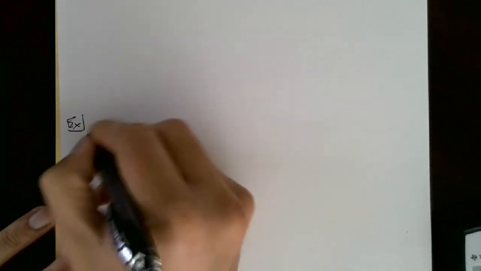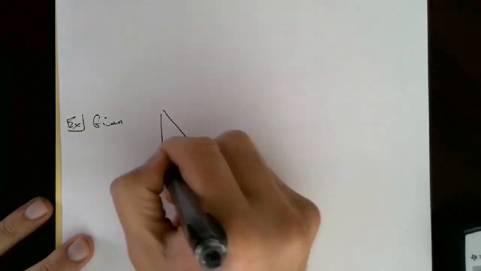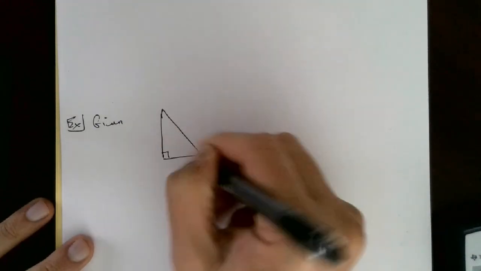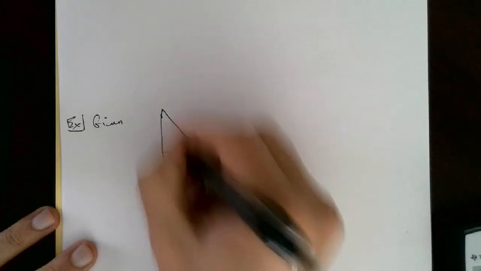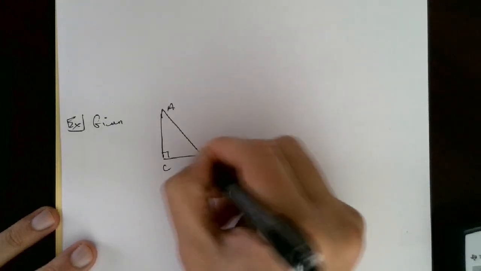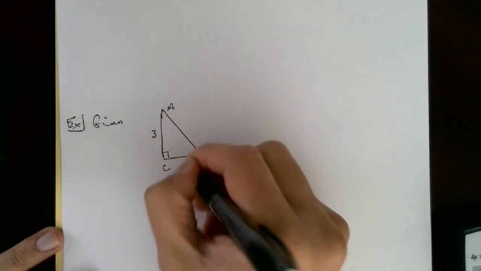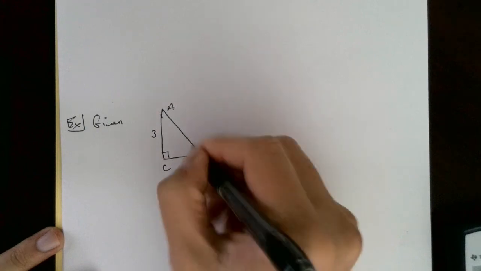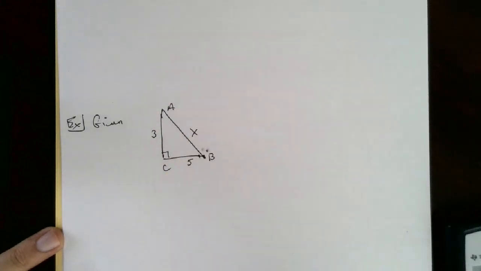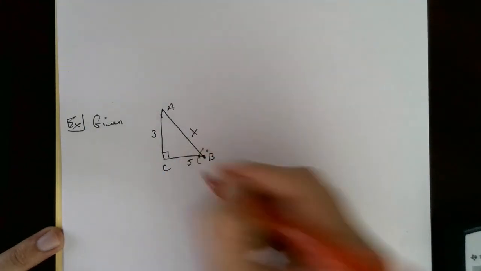The other one that I'll have you look at is this example here, where I'll say given this right triangle here, which I'll label AB and the right angle C, and I'll say this side's 3, this side is 5, this side is X, and that's angle B there.